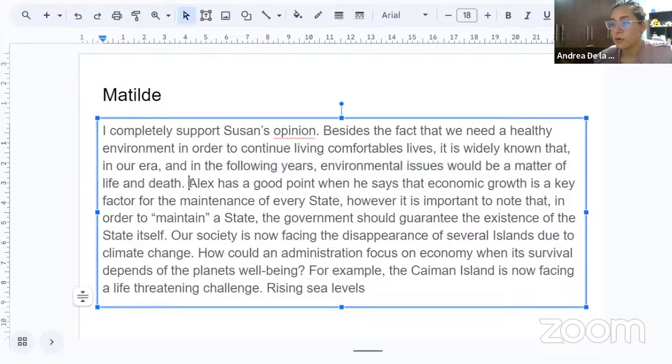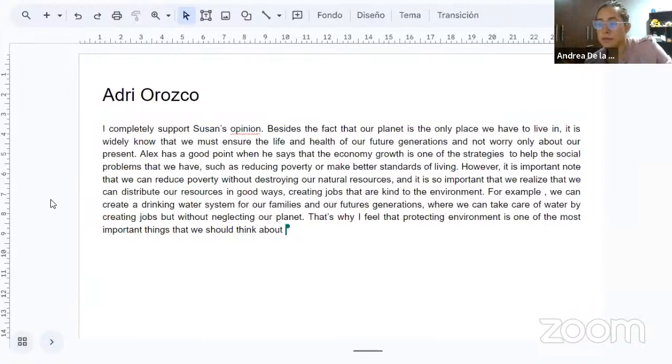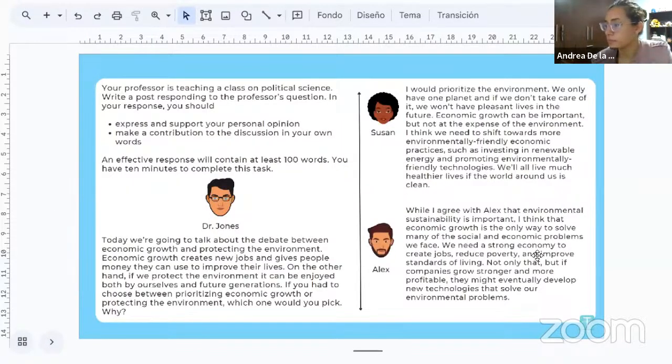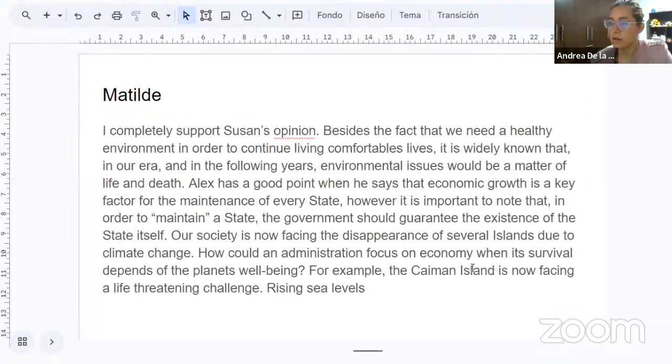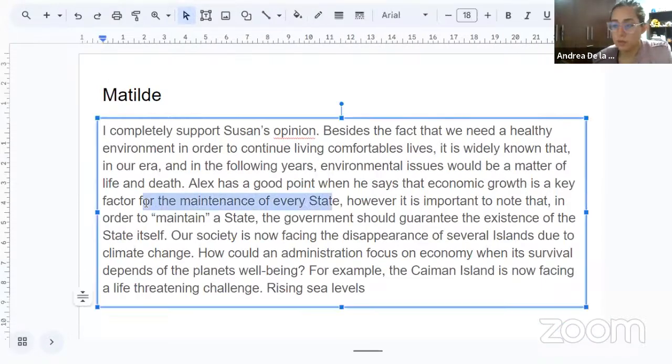Now, Alex has a good point when he says that economic growth is a key factor for the maintenance of every state. Okay, good. So again, let's see what Alex said. I think that economic growth is the only way to solve many social problems. We need a strong economy to create jobs. Okay, good. So yes, it is related to what Alex said.